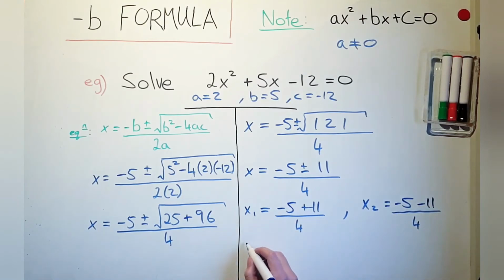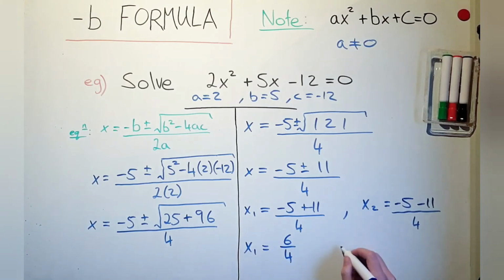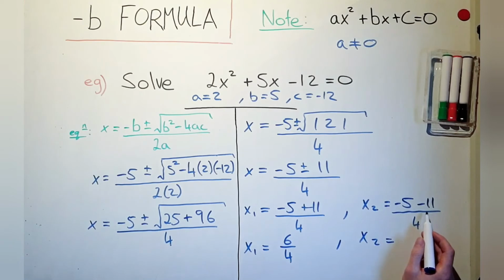Simplifying each one down again, x1 is equal to minus 5 plus 11, which is going to be 6 over 4. And x2 is going to be minus 5 minus 11, that's going to be minus 16 over 4. And then finally, we have x1 is going to be, 2 goes into each of them, so 3 over 2.